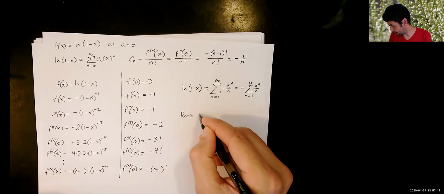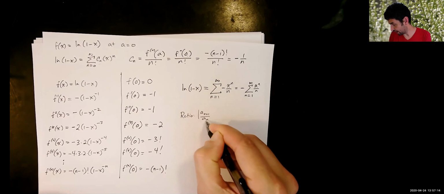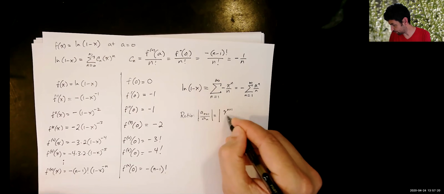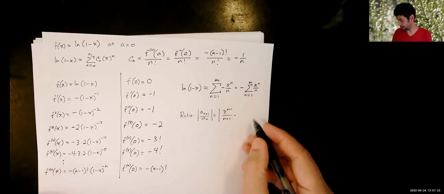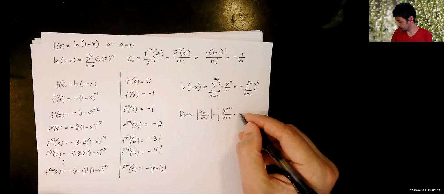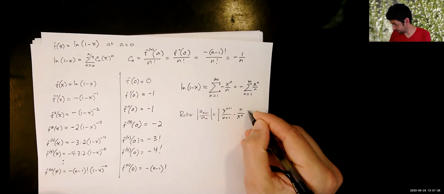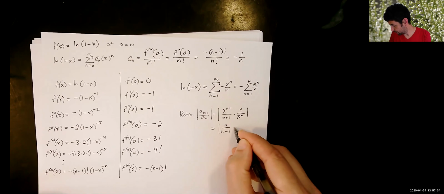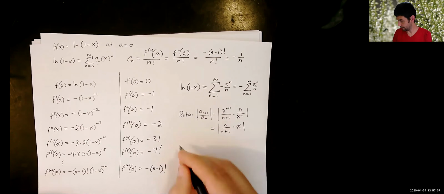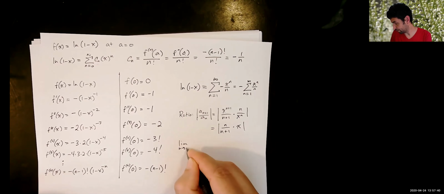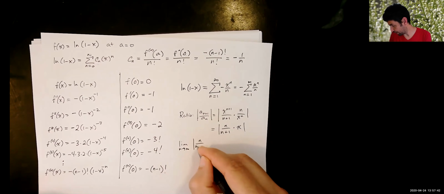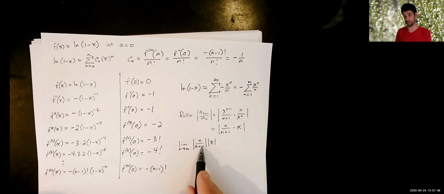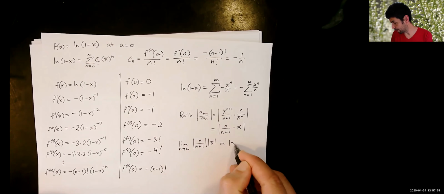I'm going to have the (n+1)th over the nth term in absolute value is going to be x to the n plus 1 over n plus 1 times n over x to the n, which is going to be equal to n over n plus 1 times x. Okay, so the limit as n goes to infinity of n over n plus 1, I'm just going to separate these to make it a little easier. This thing goes to 1, so we get the absolute value of x.